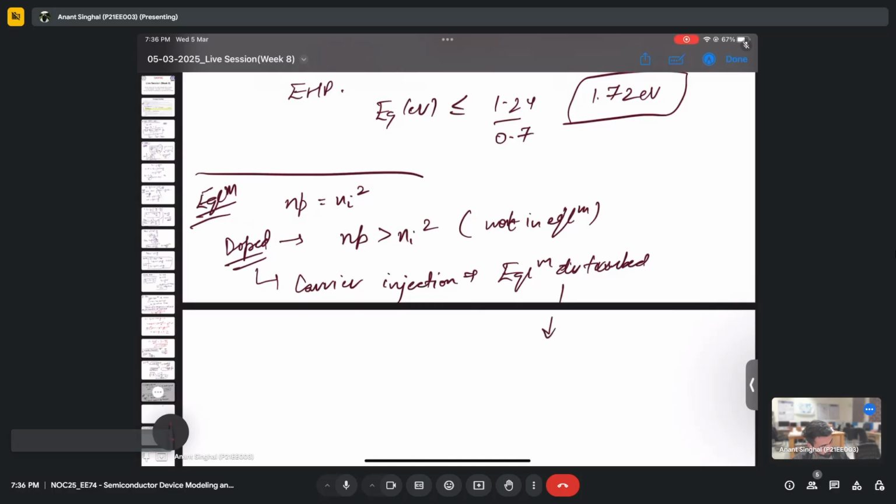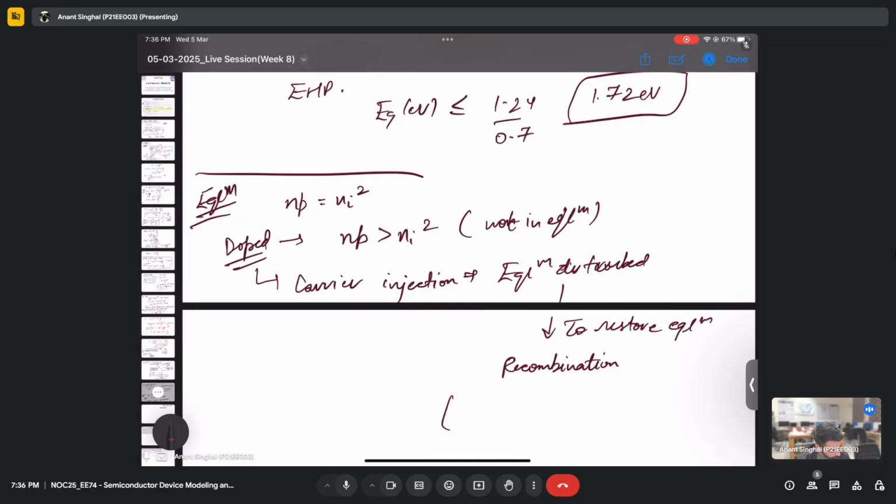To restore equilibrium, the mechanism that restores it is known as recombination, the recombination of the injected minority carriers with the majority carriers.